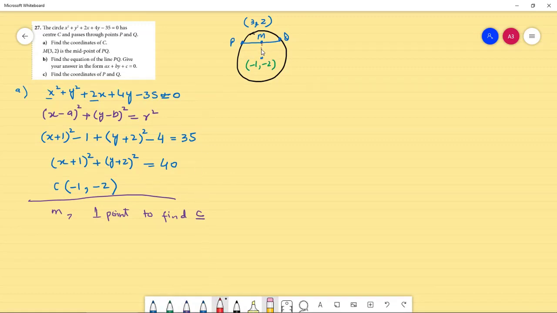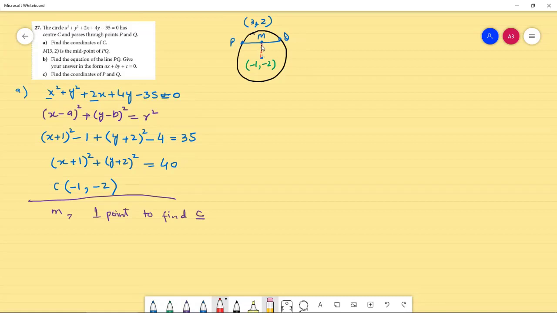If we draw a line and join this M and the center C, we know that any perpendicular bisector which cuts any chord at its midpoint. Now look at this. We have M, the midpoint, lying on this PQ, so we need the slope or gradient of PQ.